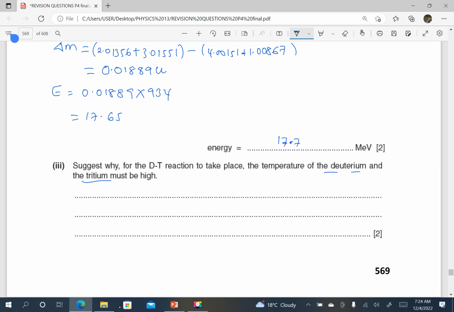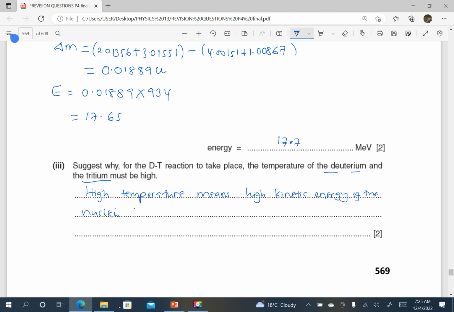So high temperature means high kinetic energy of the nuclei. So the DT nuclei will now have high kinetic energy at high temperature.